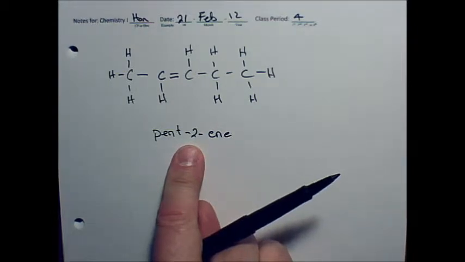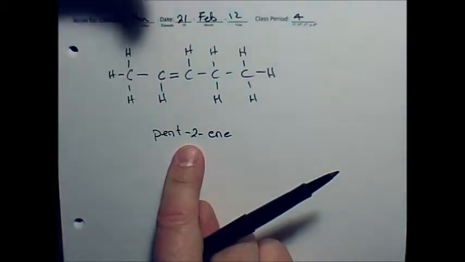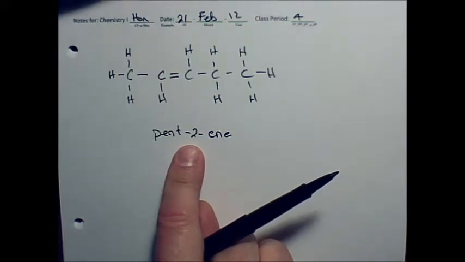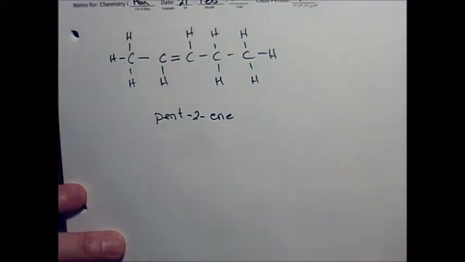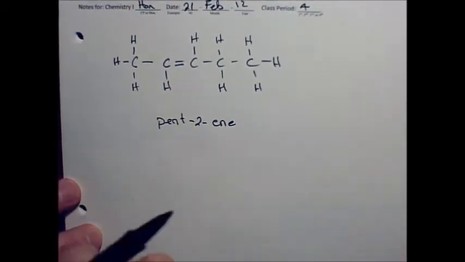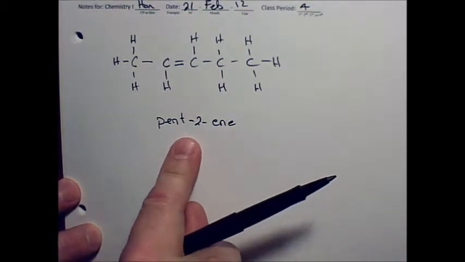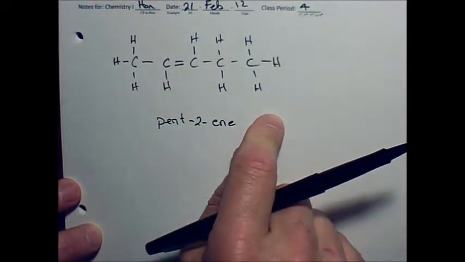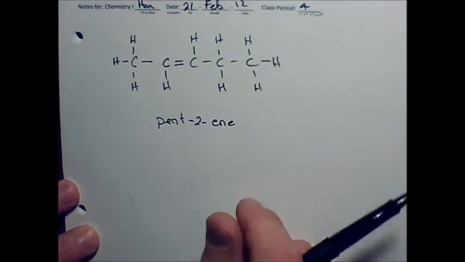This will make it simpler over the long haul. Does that answer your question? Any organic chemist will know what you mean if you write it like this, but when you get to college, you're going to be expected to say 2-pentene instead.